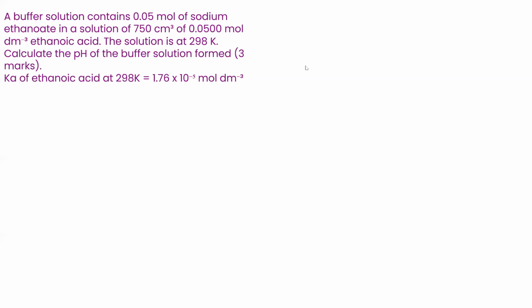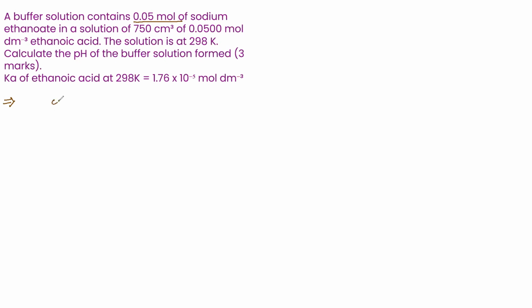First of all, they have given us the moles, but in the equation we have the concentration. So we need to find the concentration first. How to calculate the concentration?